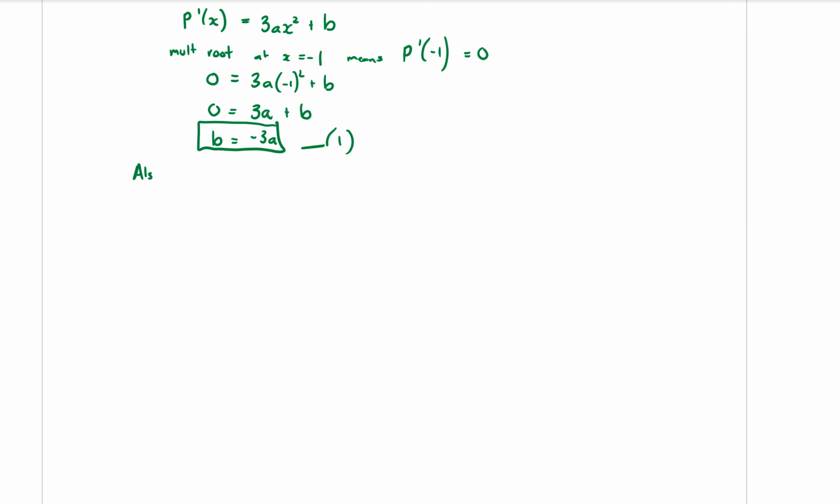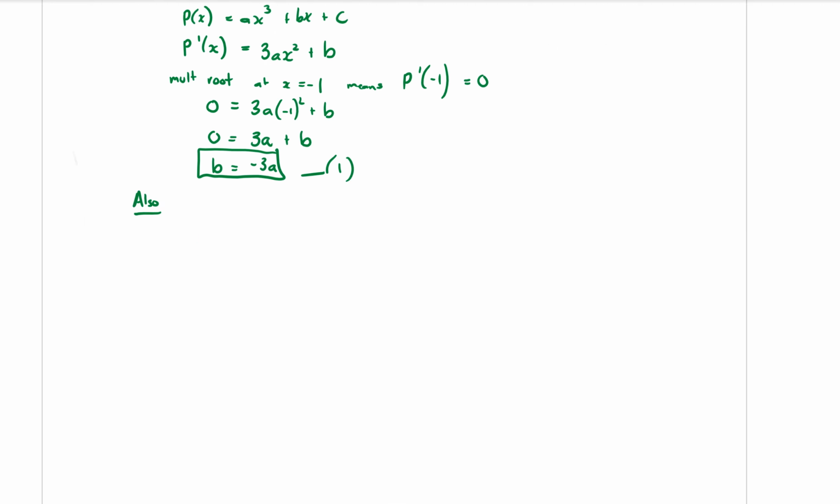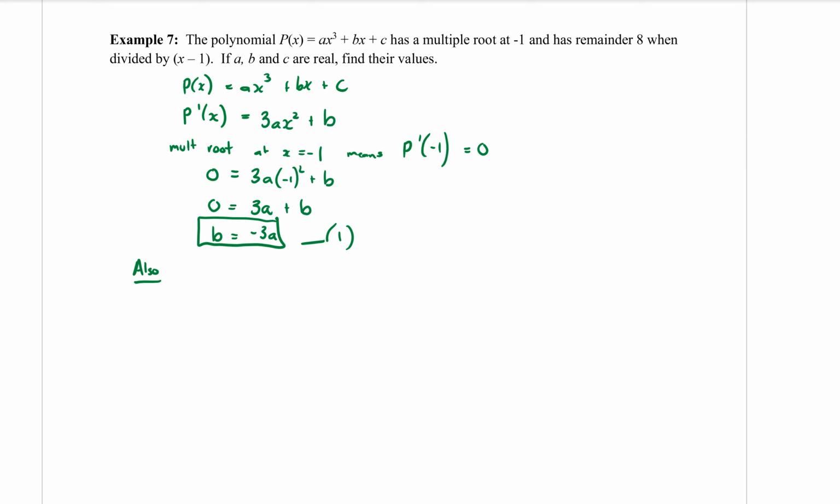Also, we were told in the question that when the polynomial was divided by x minus 1, we get a remainder of 8.